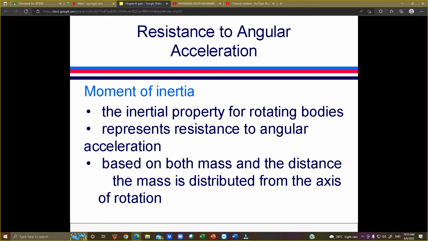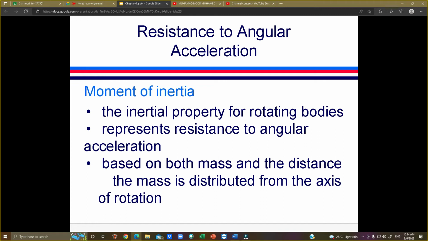Video yang itu kamu dah tengok kan, yang dia berpusing-pusing tu. Okay, so they prove that if the radius of rotation is big, the rotation is going to be slower compared to if the radius is shorter.